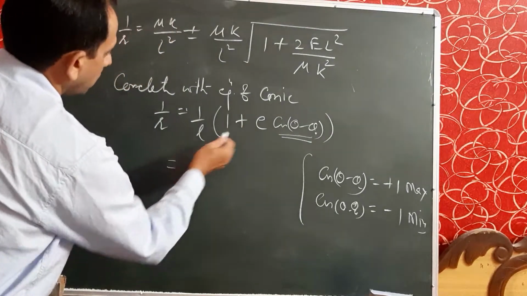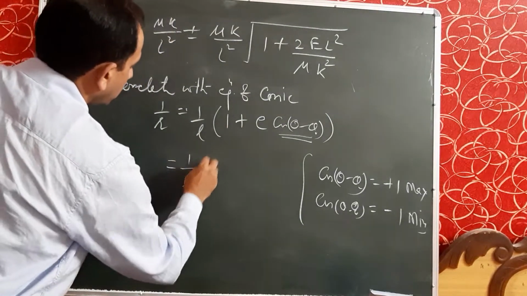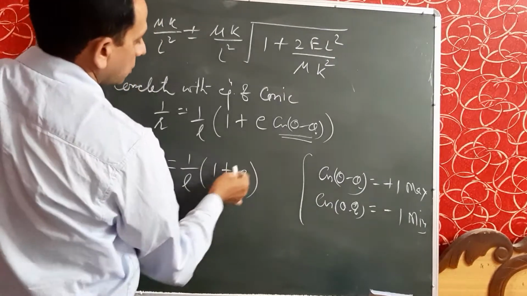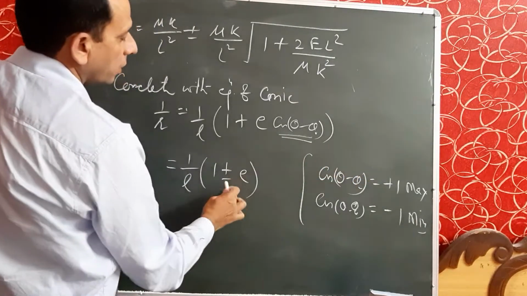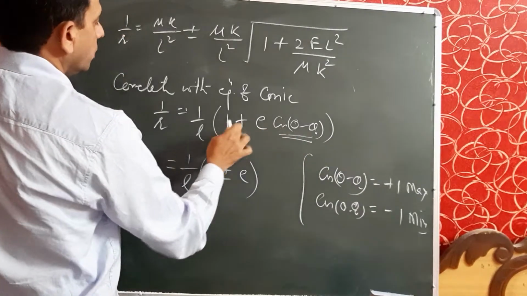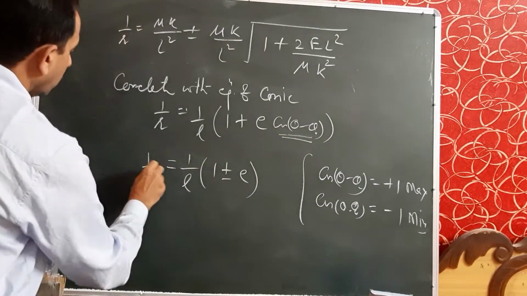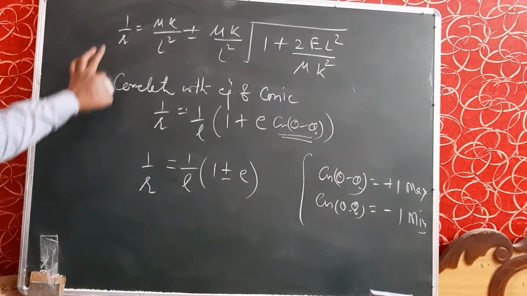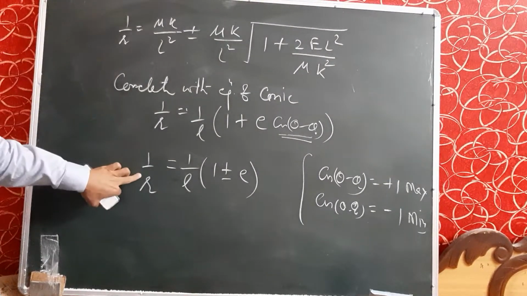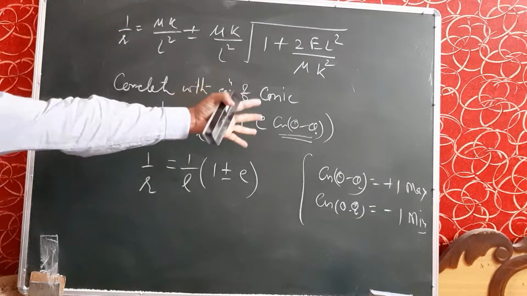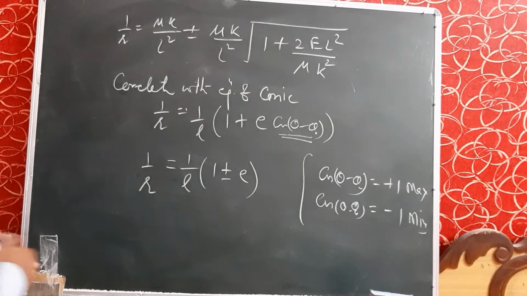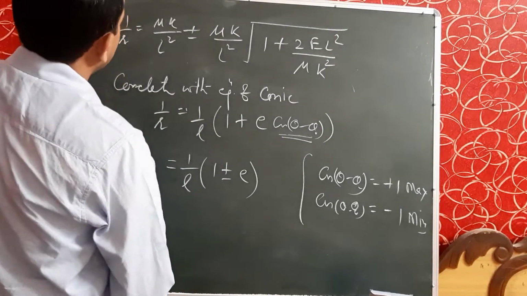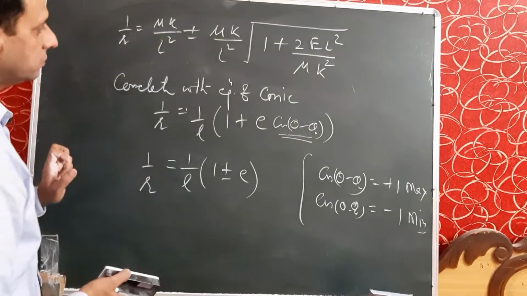So, it may be written as 1 by L into 1 plus minus E, because plus minus means plus for maximum value, minus for minimum value. So, it will become 1 by R like this. So, I am comparing basically this solution with the equation of conic at maximum and minimum values.